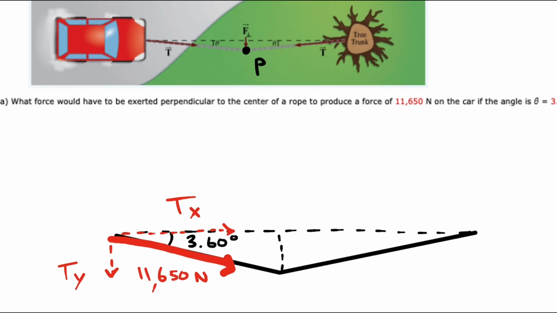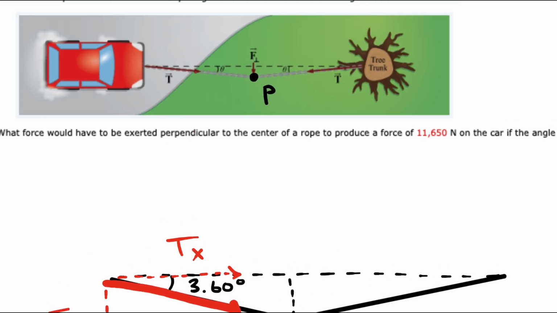By Newton's third law, if the rope pulls on the car with a tension force T, then there will be an equal and opposite reaction force acting on the rope. So the rope just transmits a force, and the tension on the left side of it is going to be the same as the tension on the right side of it. You can use that fact to make a drawing of these tension forces.